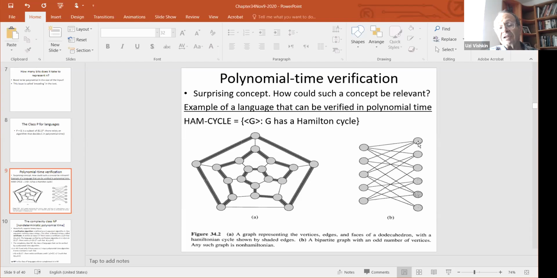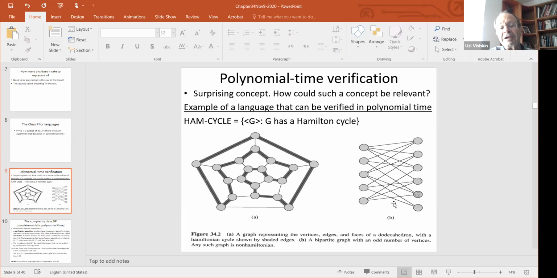So if I start a walk, if I start here, I go one to the left, one to the right, one to the left, one to the right. I run out of the left before I run out of the right. So obviously I cannot find a cycle. So the only reason for demonstrating this is to show you that we have graphs where there are no Hamilton cycles.